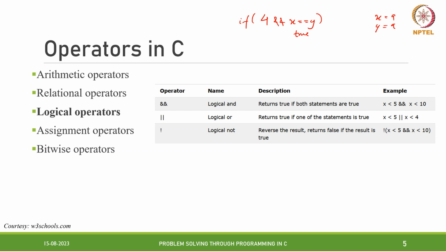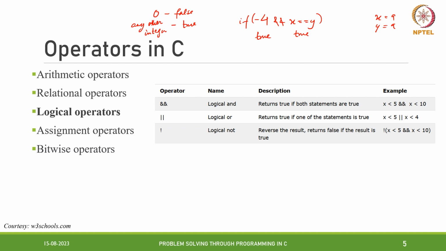Now I have written 4 here. What does that mean? 4 actually means true. 0 means false. Any other integer will be true. So if I write -4, it's still true. Unless it is 0.